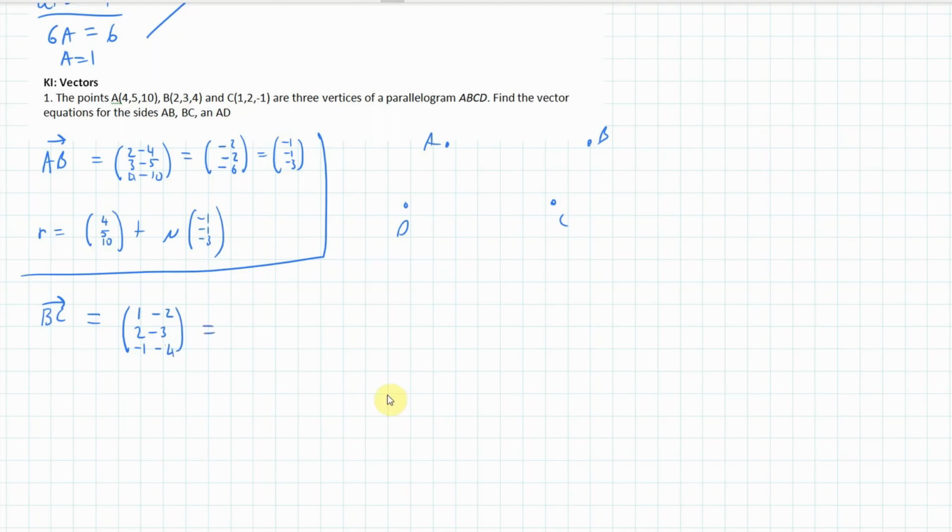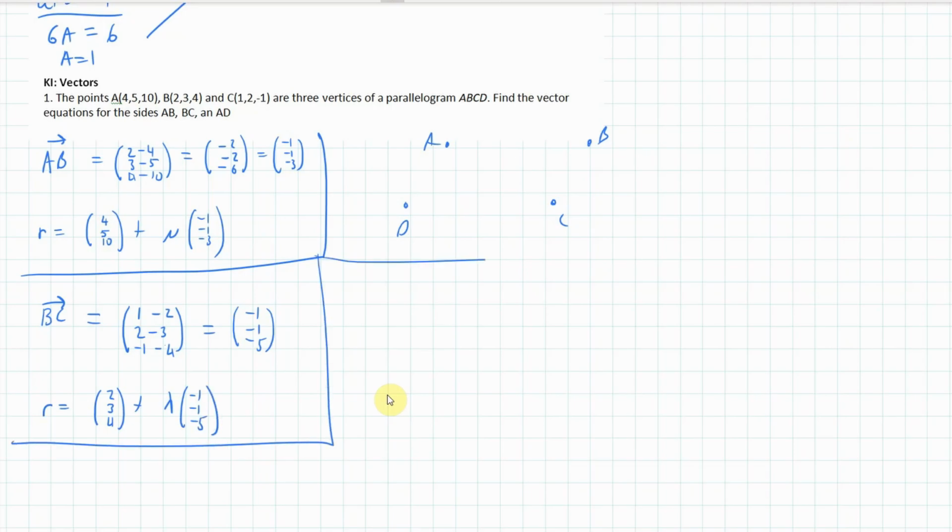And this gives us negative 1, negative 1, negative 5. And so the vector equation for BC is r equals, and we'll start at B. So B gives us 2, 3, 4, plus lambda (minus 1, minus 1, minus 5).